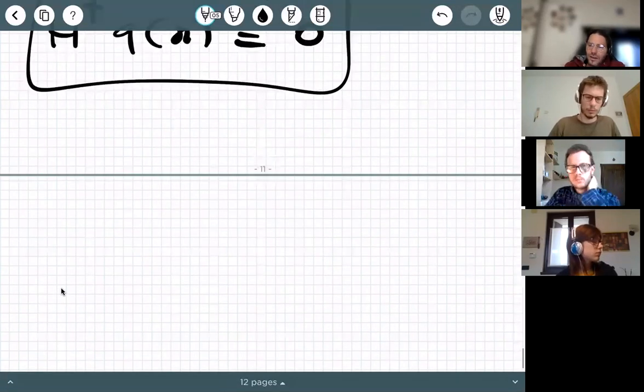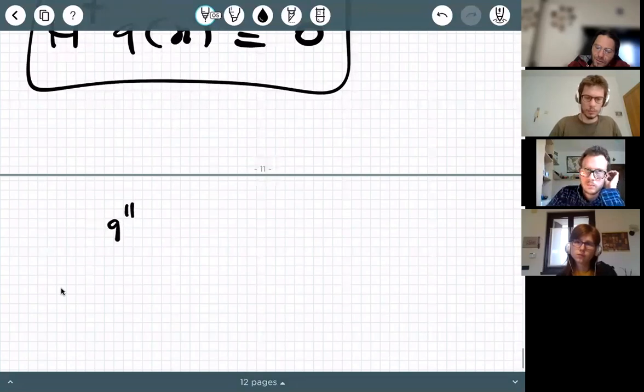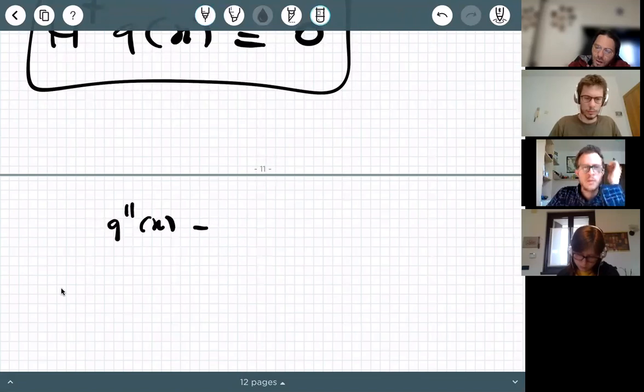Because in one dimension, this equation means q'' minus beta, let me say beta is equal to 1, u' q' equals 0, right?